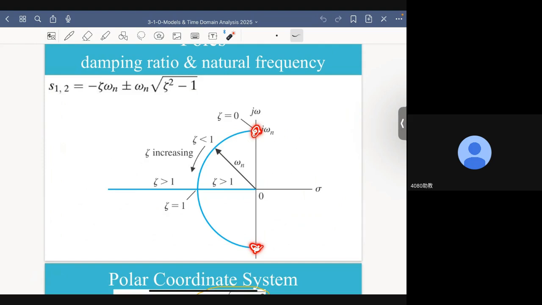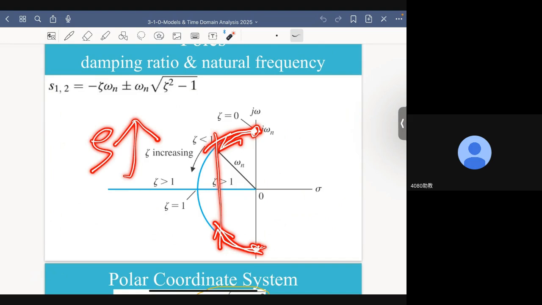Now, let's imagine that the value of eta is being increased incrementally, step by step. So initially it's 0. Now it becomes larger and larger, okay? Now, this pole will move downward, and this pole will move upward simultaneously.